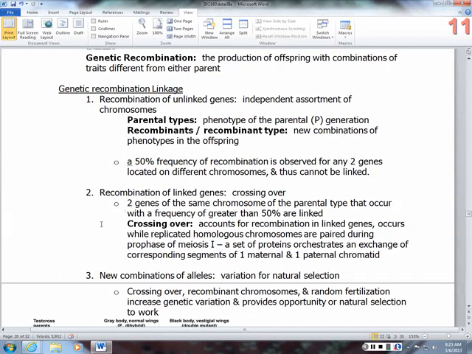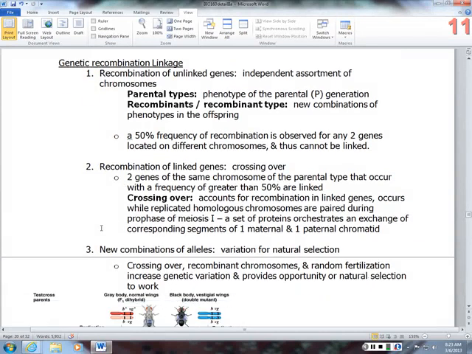With linked genes, where you have the crossing over, two genes on the same chromosome of the same parental type are considered linked if there is a frequency greater than 50%. So if you get a set of genes paired together more than 50% of the time, they're going to say it's linked because it came in the same section.